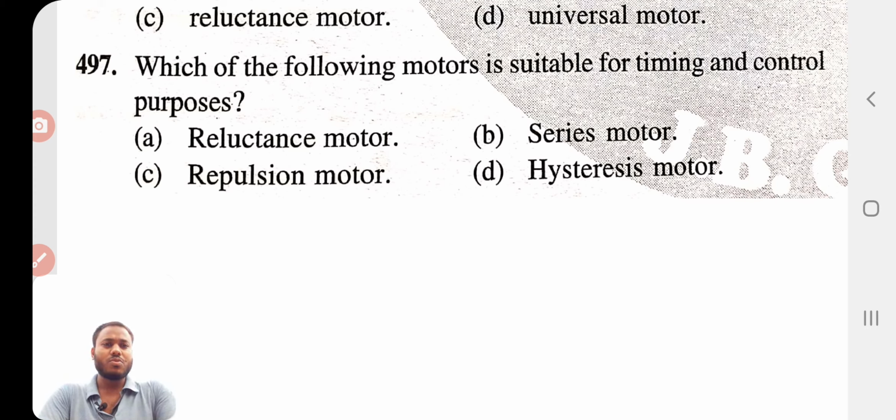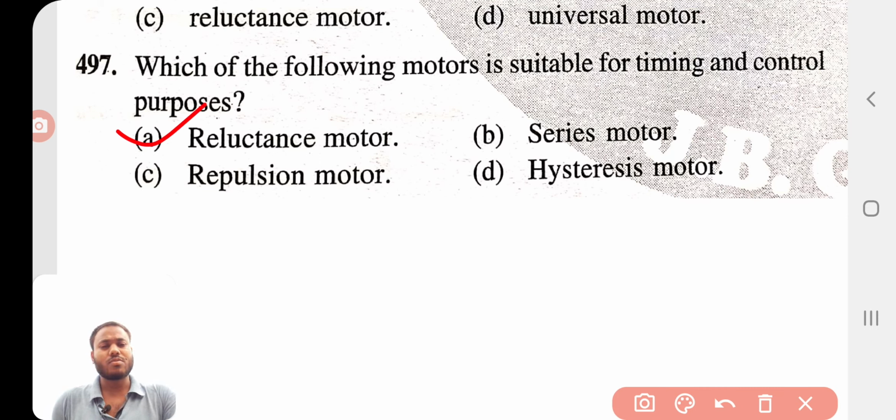And the next question is something we have seen, the motor, but we ignore it, and that is why maybe we are not able to answer this, but I will clear it here. Which of the following motors is suitable for timing and control purposes? The right answer will be A, reluctance motor. Series motor, repulsion motor, or any other kind of motor are not used when we are controlling the time.